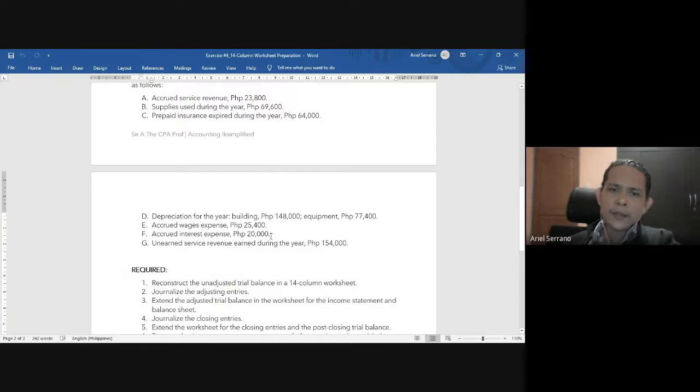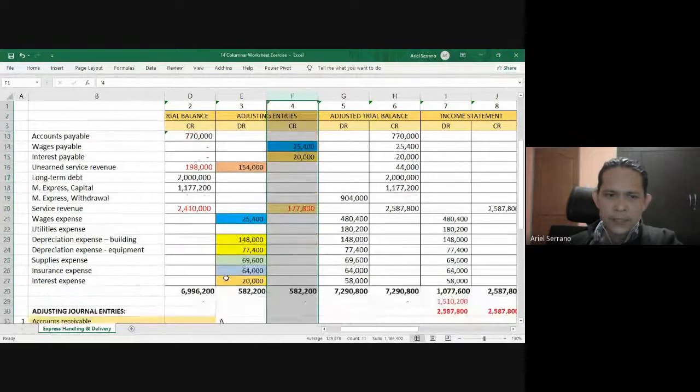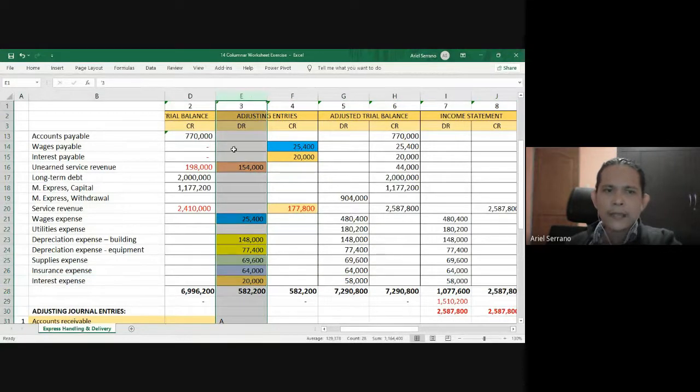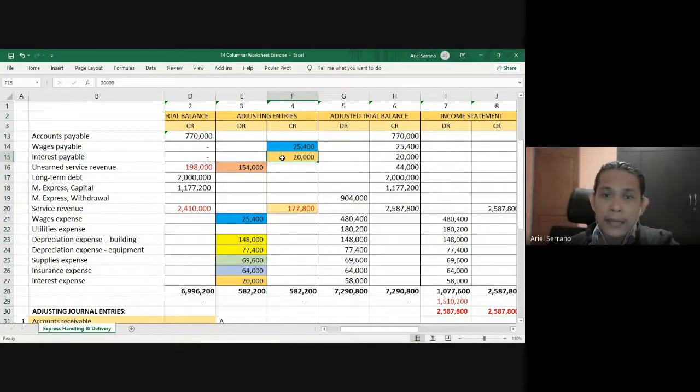For transaction F, it is similar, but we have a different account. Accrued interest expense. So we will find interest expense here. Where is your interest expense? Here, at the bottom part. Debit side, right? And then we will find interest payable here under your liability section for the amount of 20,000 under your credit column, column 4.